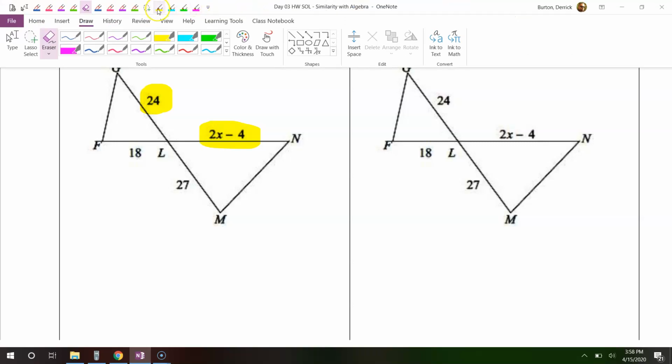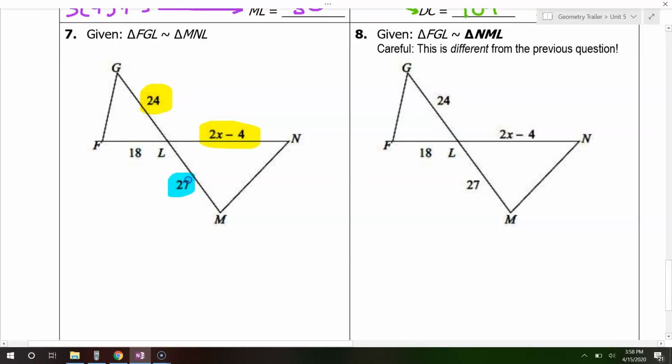Now let me change to blue. Look at the 27. That's LM. LM, that's the beginning and the end here. So that's going to correspond with LF. LF, of course, is right here. So those are corresponding sides.